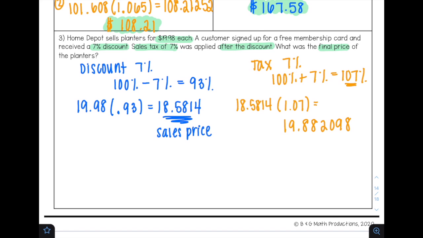Yes, but not exactly. So here we have my total for the planter. Each would be $19.88. So this one was a little bit tricky because a lot of students just assume, oh, 7% discount, 7% adding, they cancel out. You would be off by a couple of cents, so just beware.